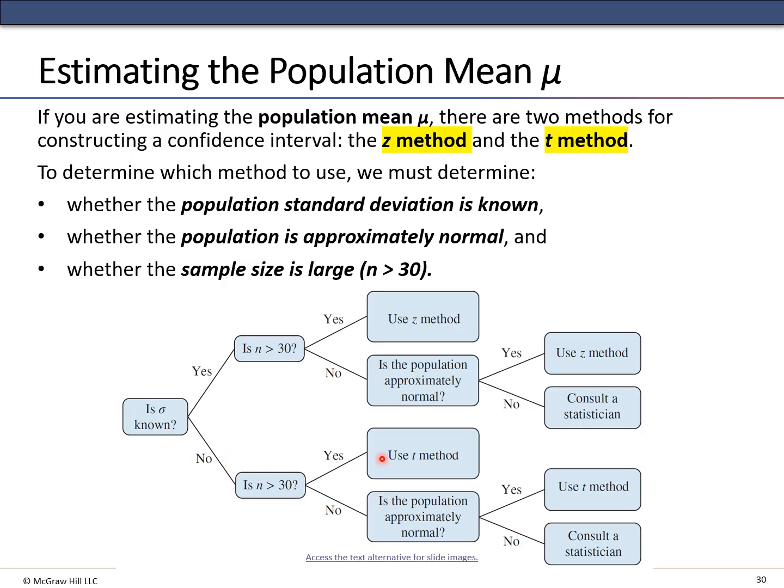If we have a large sample size, we use the t-method. If not, we ask if the population is approximately normal. If it is, then we use the t-method, and if not, then we have a problem and have to figure out something different. Again, this is the chart for population means. Either z-method or t-method.